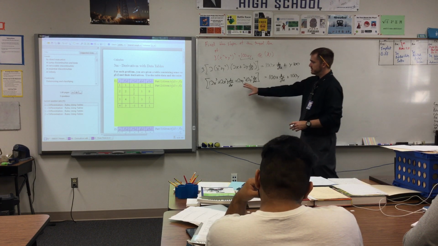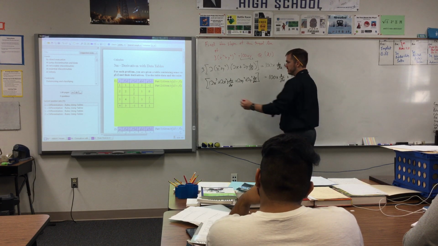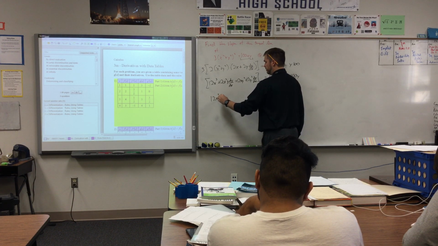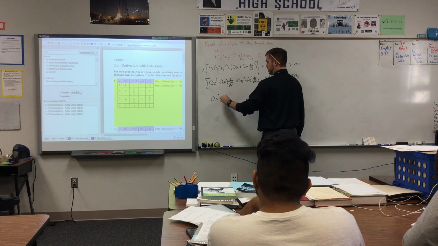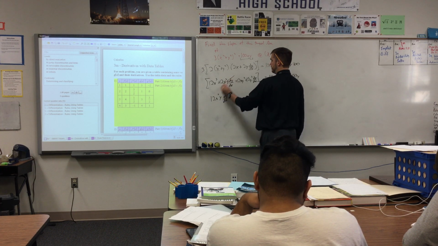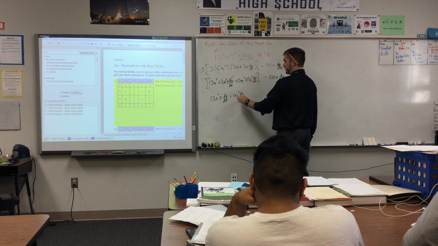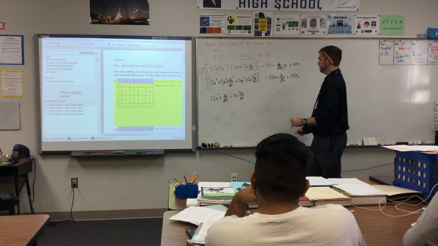Alright, so I'm going to leave the dy over dx terms over here. So I've got this 12x squared y dy over dx, that takes care of this one, plus 12y cubed dy over dx, that takes care of this one.